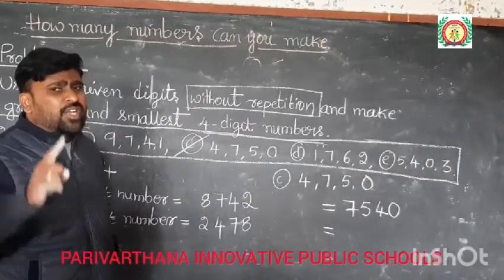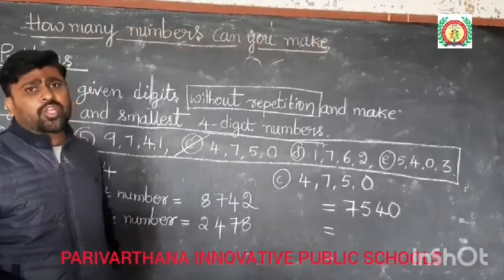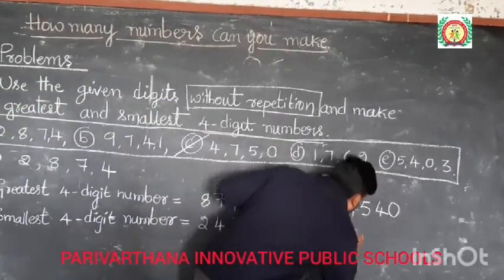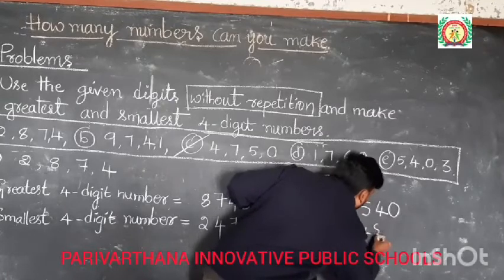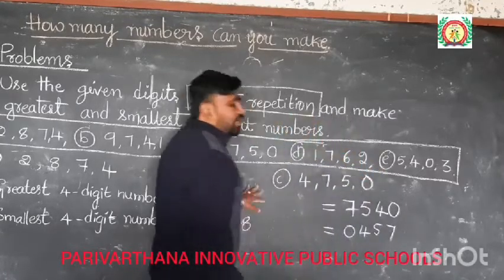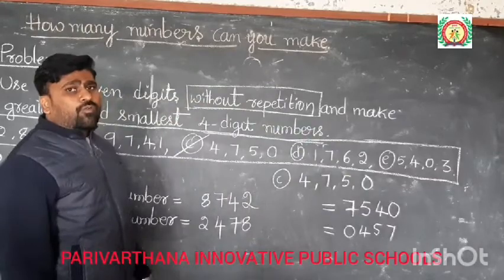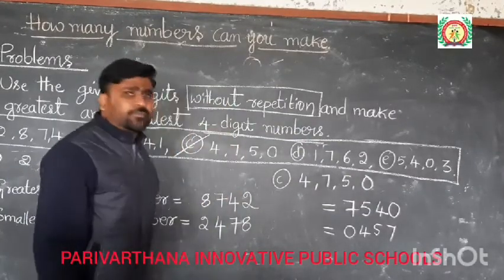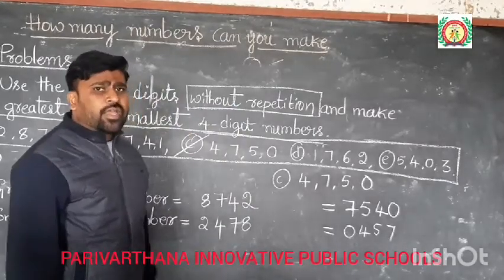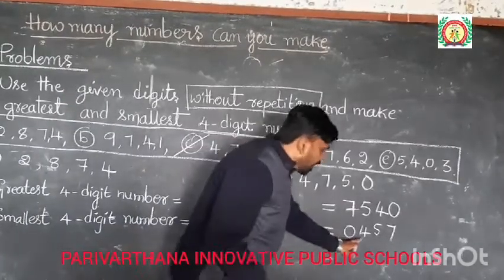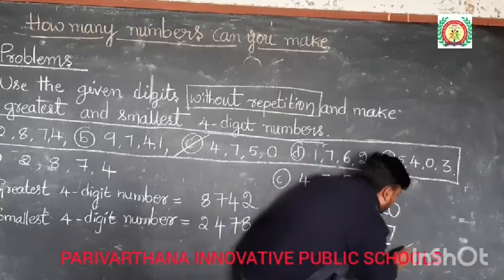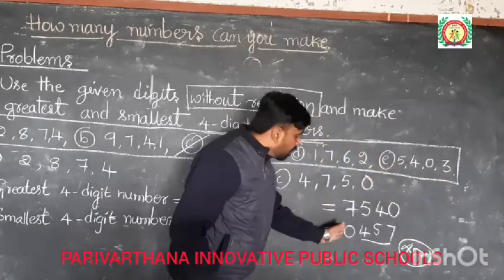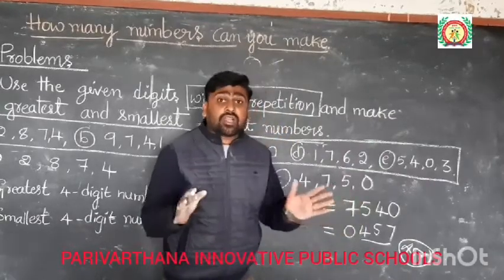When 0 comes, to write the smallest number you have to be very careful. I told you earlier, you have to write in reverse. See, 0 4 5 7. Correct? If 0 comes first, what do you read? We read it as 457. If 0 comes at the start, it is uncountable.